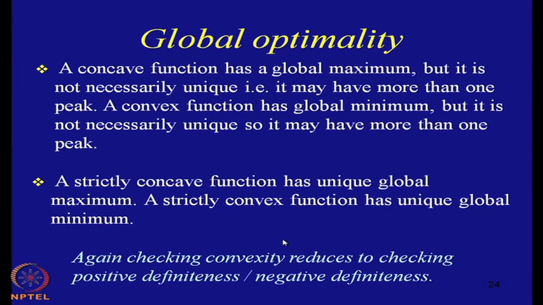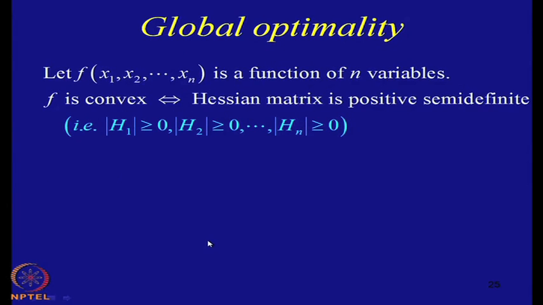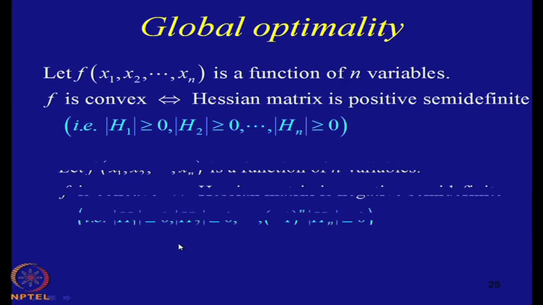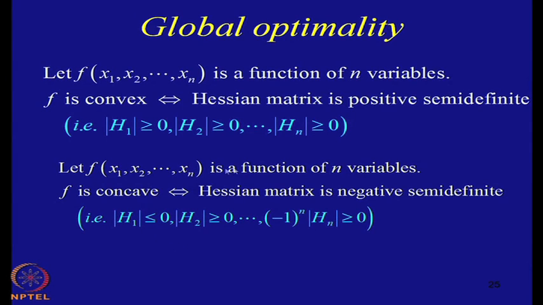But again, the checking of convexity reduces to checking the positive definiteness and negative definiteness of the matrix, because we know this property as well. If f is a function of n variables, then f is convex if we form the Hessian matrix and it is positive semi definite. Similarly, if the Hessian matrix is negative semi definite, then the corresponding function will be the concave function.